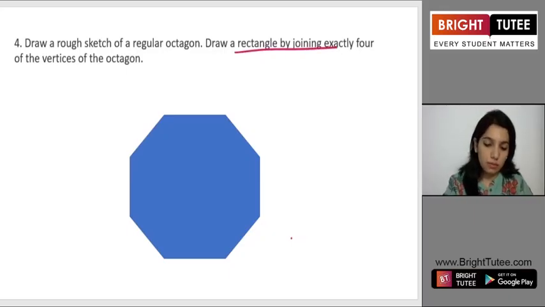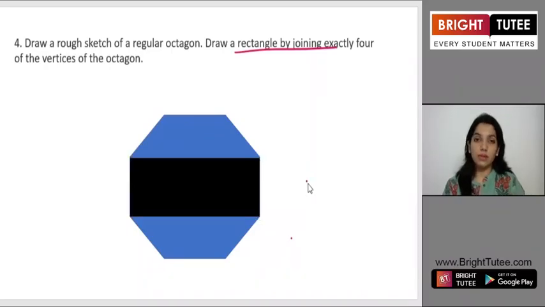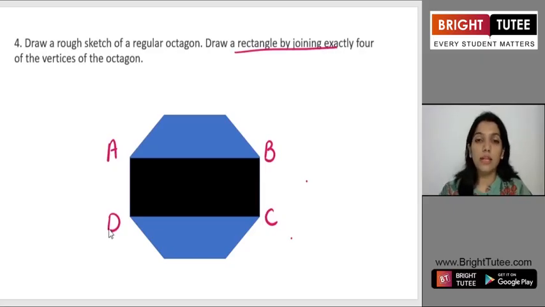So let's put an image of a rectangle in this, and I'm joining it. I'm drawing this particular rectangle by joining the 4 vertices, as you can see clearly, right? So here we have got, say, A, B, C and D. So this is the name that I have given to this particular rectangle.